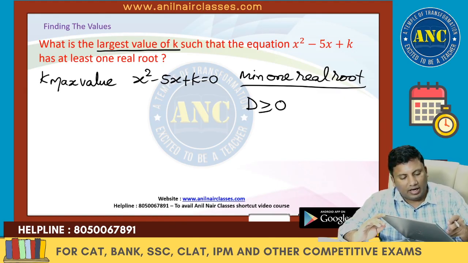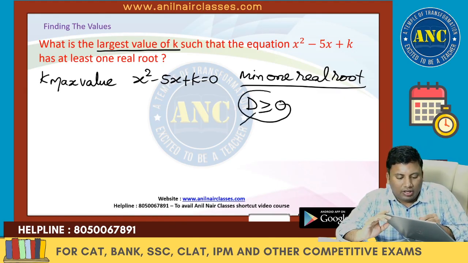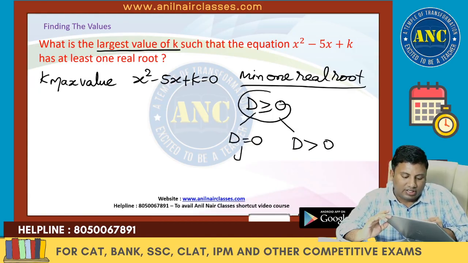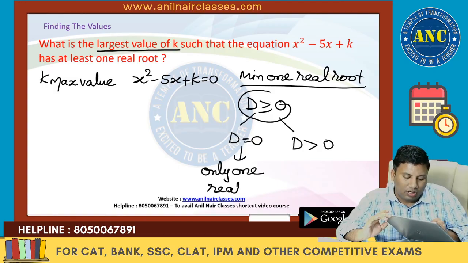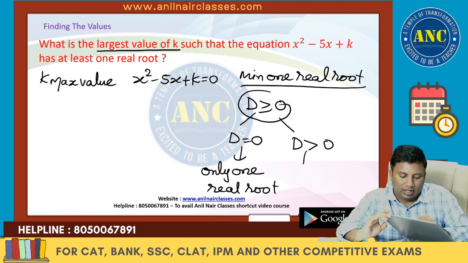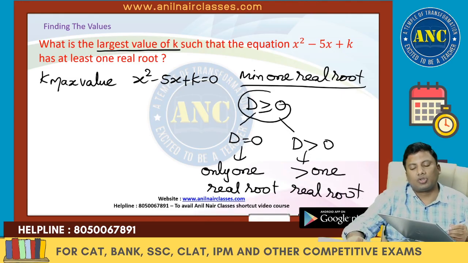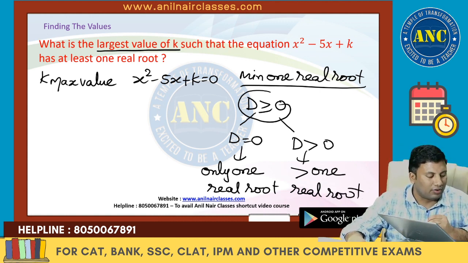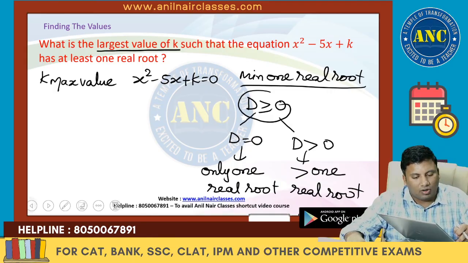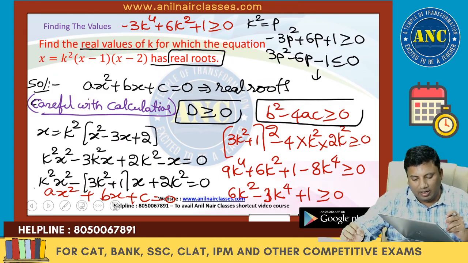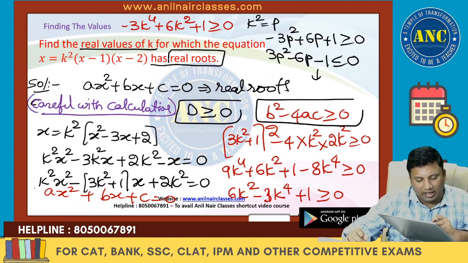If d greater than or equivalent to 0, it means d equivalent to 0 or d greater than 0. These are nothing but only one real root, and more than one real root. Minimum we require, so it can be equivalent to 0 or greater than 0. I hope it is clear.